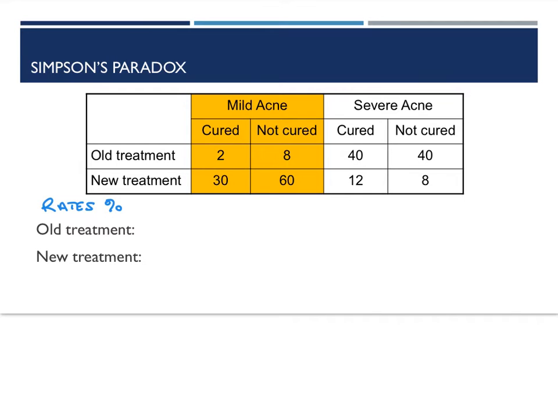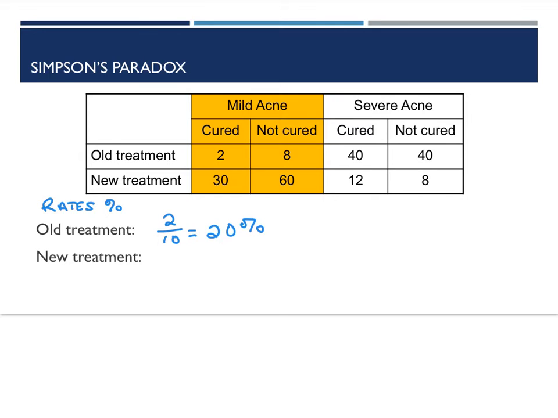Well, the old treatment, 2 people were cured. But how many people got the old treatment? Not 8. There were 2 who were cured, 8 who were not cured. So 10 people took the old treatment. 2 divided by 10 changed to a percentage is 20%.